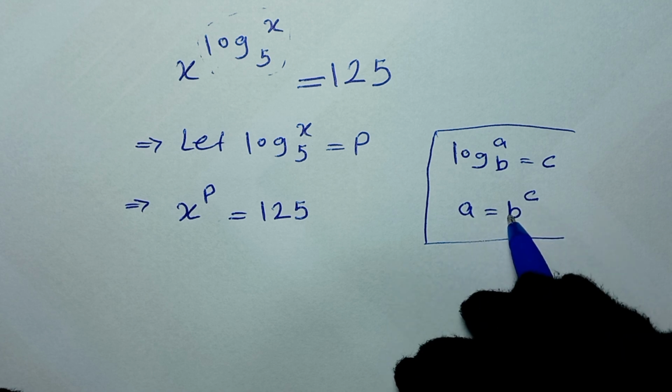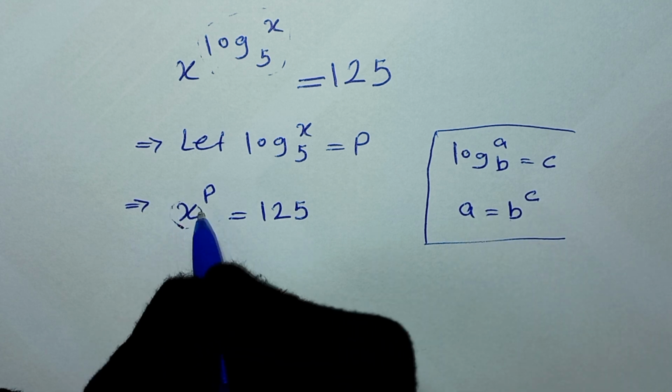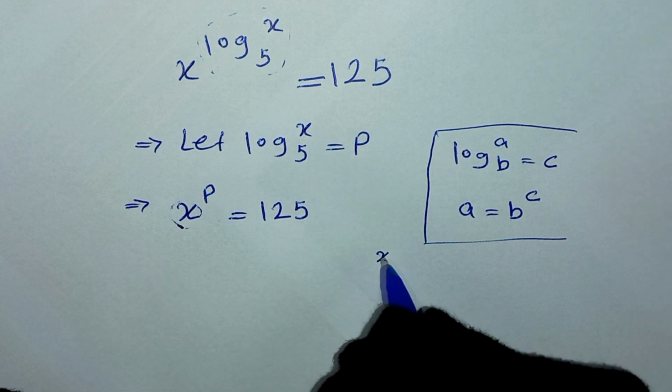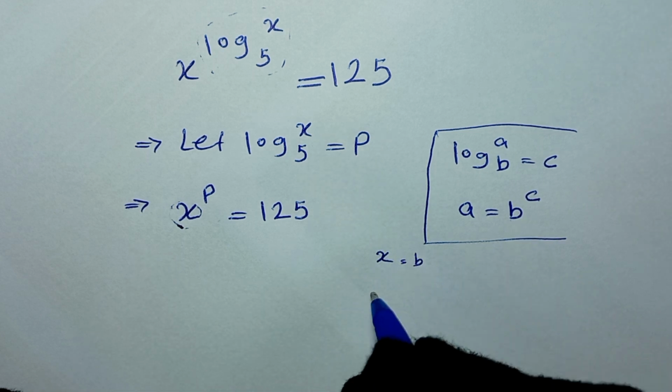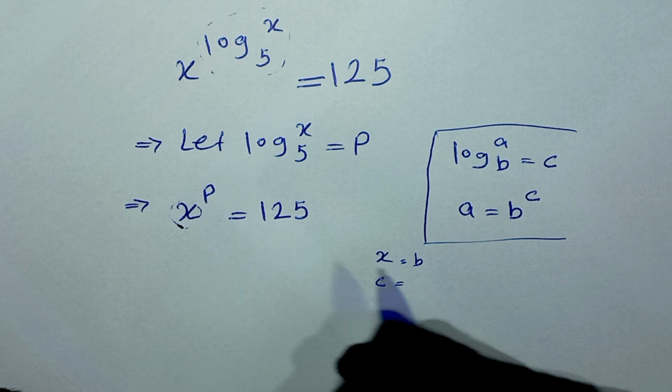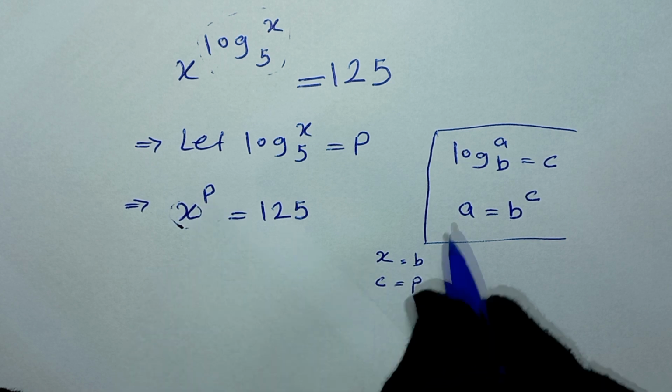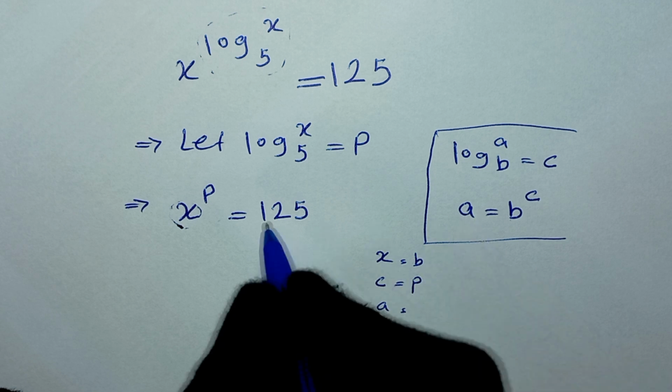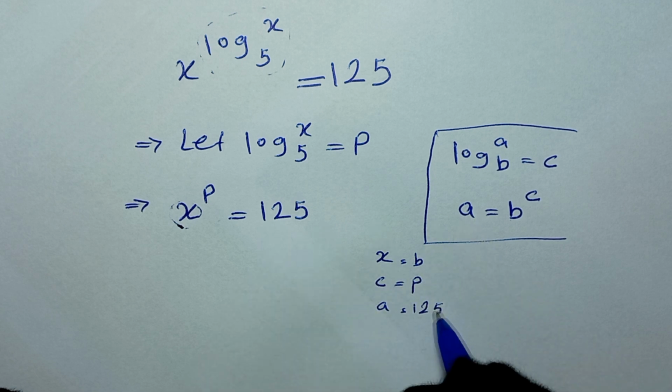So from here, x is equal to b, c is equal to this p, and a here is equal to 125.